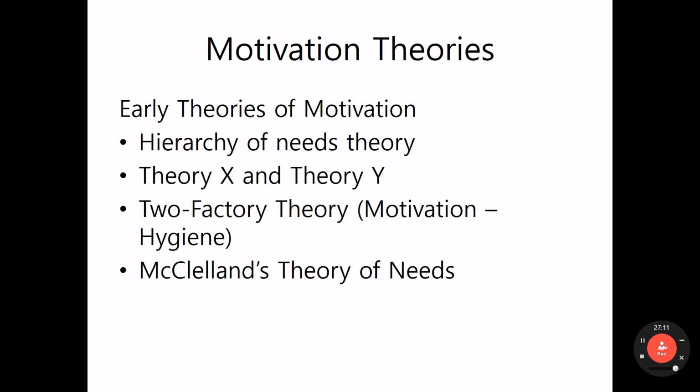For example, if the work is pretty challenging and requires some responsibility, people with a high need for achievement are more motivated to work on that kind of work because of their individual differences in need for achievement.